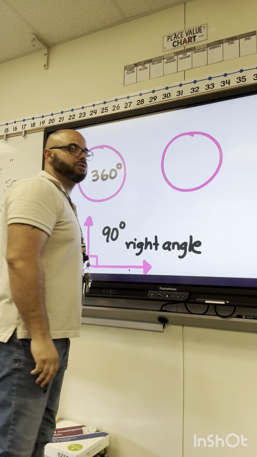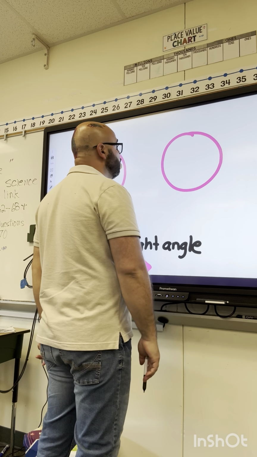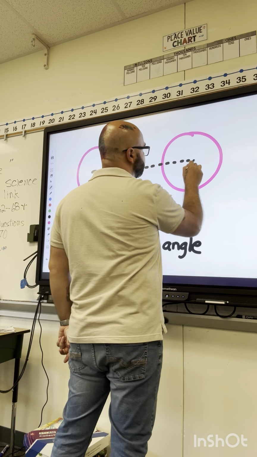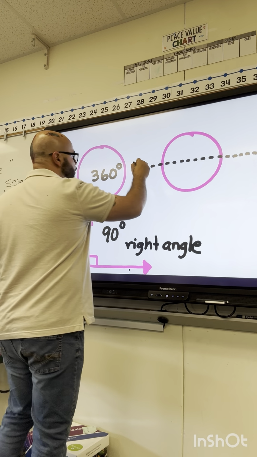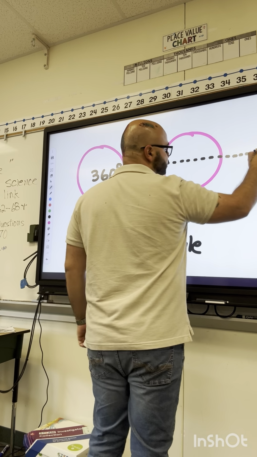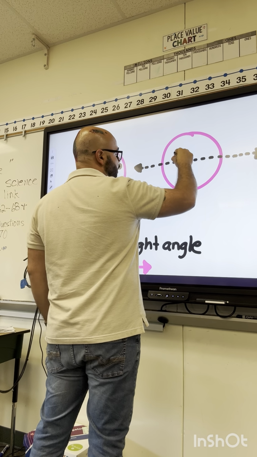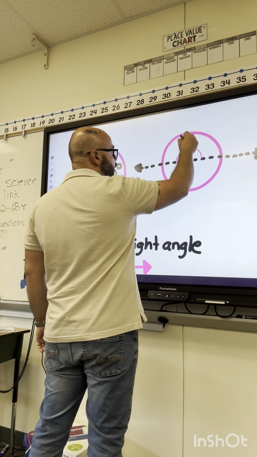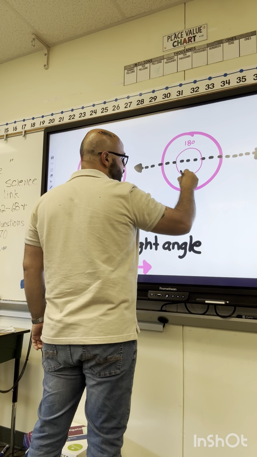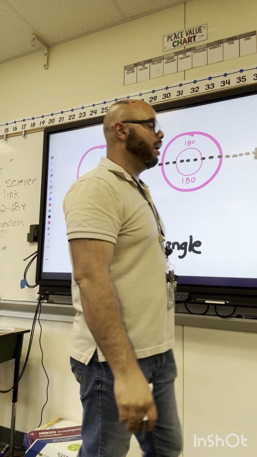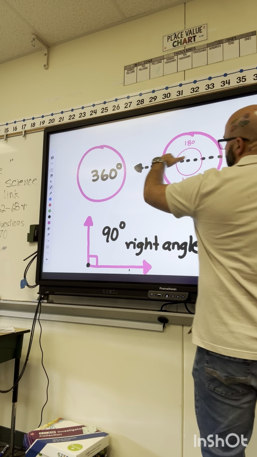If I wanted to break this circle in half with a line, and if I told you that this line is considered 180 on this side and 180 on this side, do you see how a straight line can be half of 360?